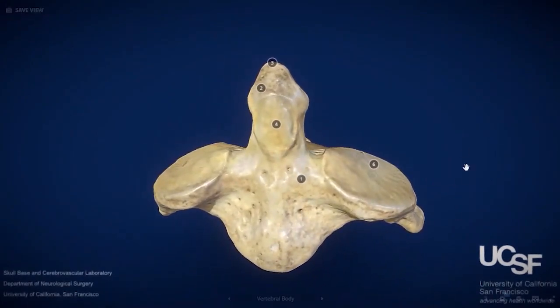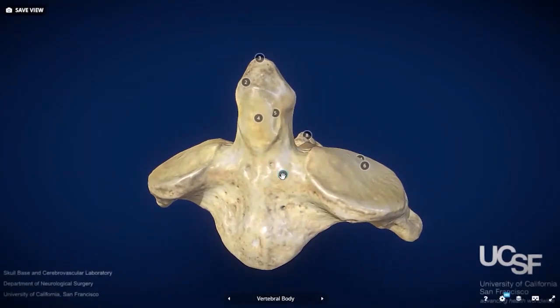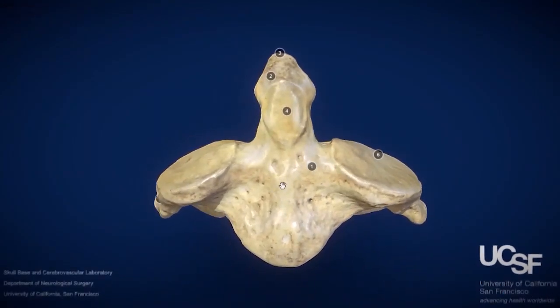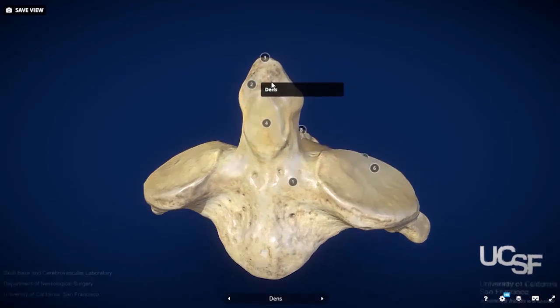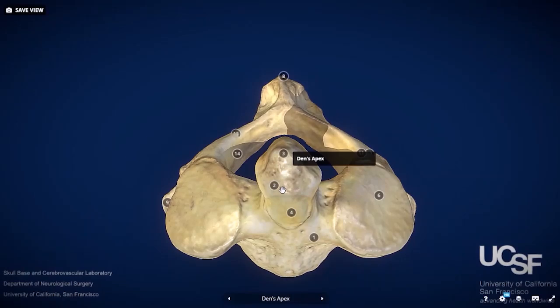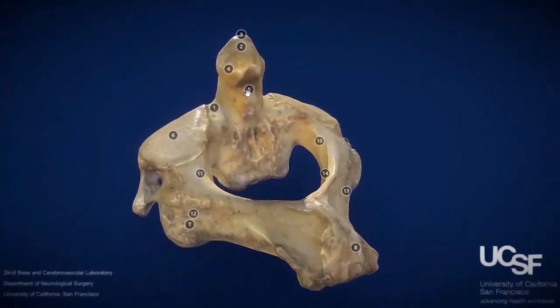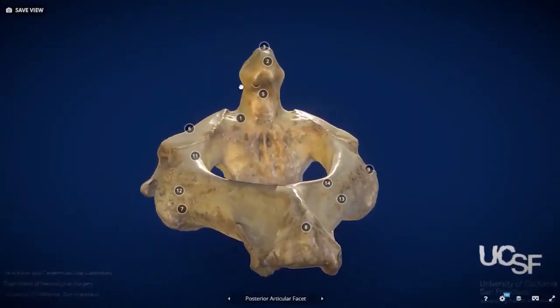The axis also has unique anatomical features. Starting anteriorly from the body, there's a superior projection named the odontoid process or dens. If we move superiorly, we're going to find the apex of the odontoid process, and if we move anteriorly, the anterior articular facet, and posteriorly, the posterior articular facet.